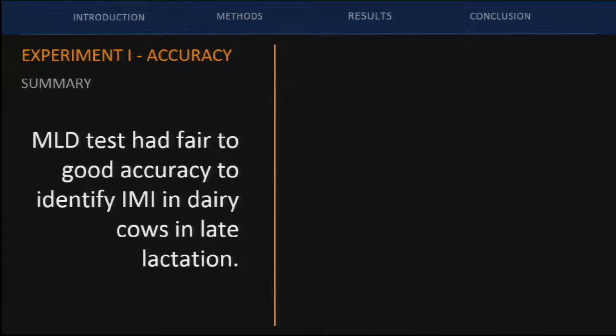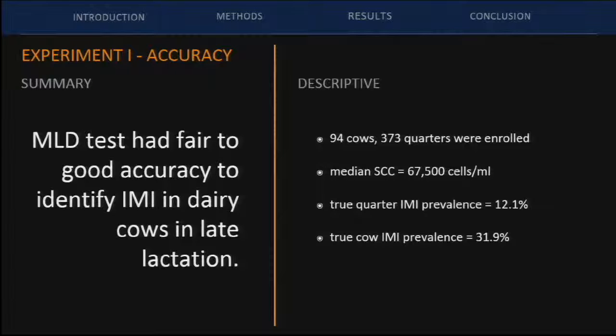For results, I will start with the summary because I would like you to remember that the most from this talk. When we compared the MLD test to bacteriological culture, the test had a fair to good accuracy to identify intramammary infection, depending obviously on the threshold used, because as I told you, we used 12 different thresholds, and I'll show you a bit more details.